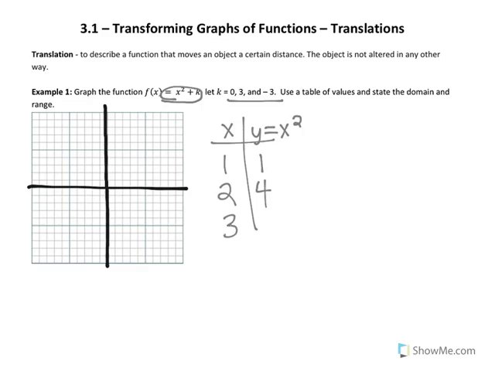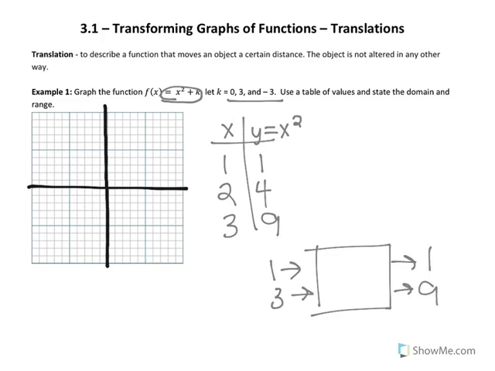If I plug a 3 in, it's going to come out as a 9. I like to think of functions like a box or a machine that does something. You put something into it, and it comes out as something else. Right? So the squaring is what's happening.